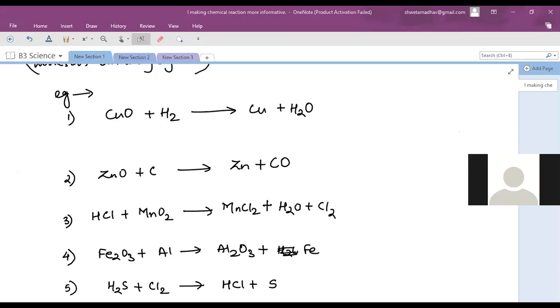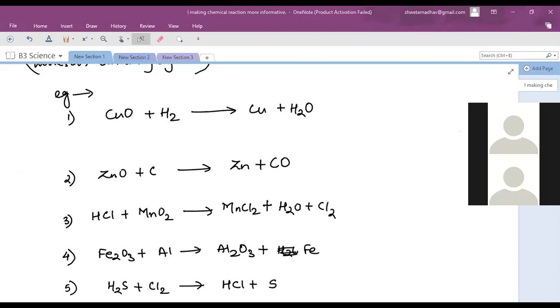Ma'am, the substance should gain oxygen. Or another condition? Ma'am, hydrogen should be removed. So is any compound removing hydrogen?